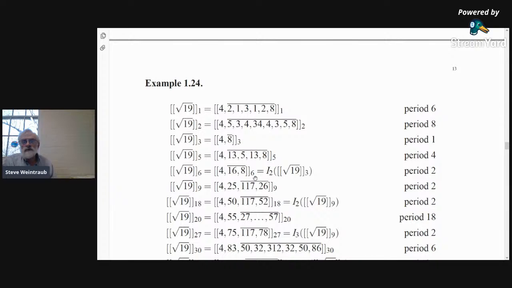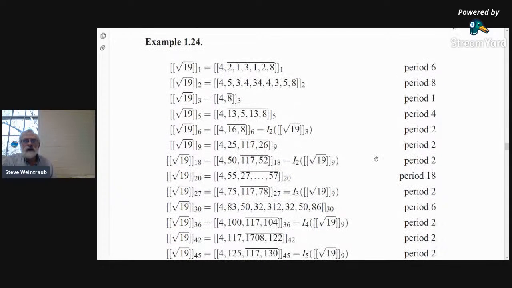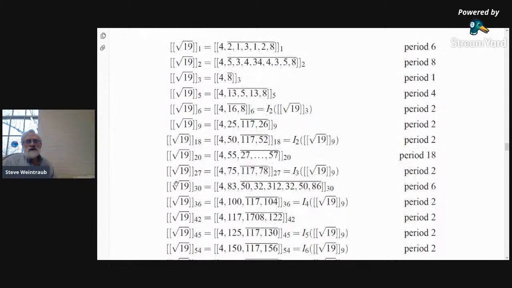So those are all the small cases, and then we start off being large. The square root of 19 with numerator 9 is going to be periodic starting with a2. Period is 2 here. Of course, that's automatically palindromic: if the first part only has length 1, then it's certainly the same left to right as right to left. Square root of 19 with numerator 18, again, that's the twofold inflation of numerator 9, so it's going to be period 2 starting with a2. Numerator 20 is period 18 starting with a2 equals 2.